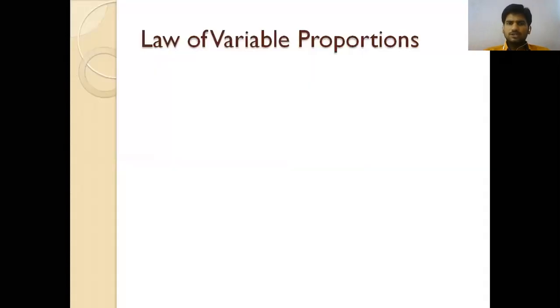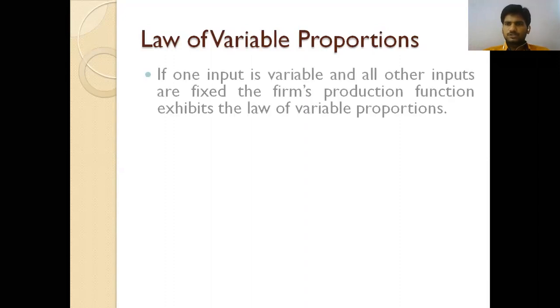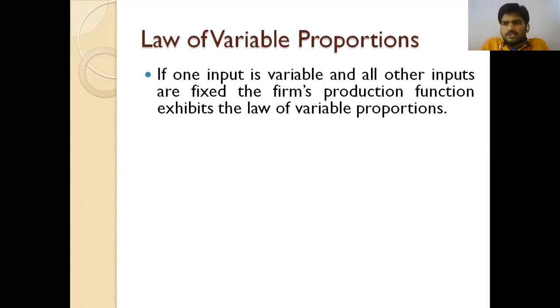Here we are going to discuss the law of variable proportions. So what is this law of variable proportions? Everything here is based upon the input and outputs, how the organization is going to take care of the size of input and the size of outputs, and in between, what is the importance of labor and how it changes the products.